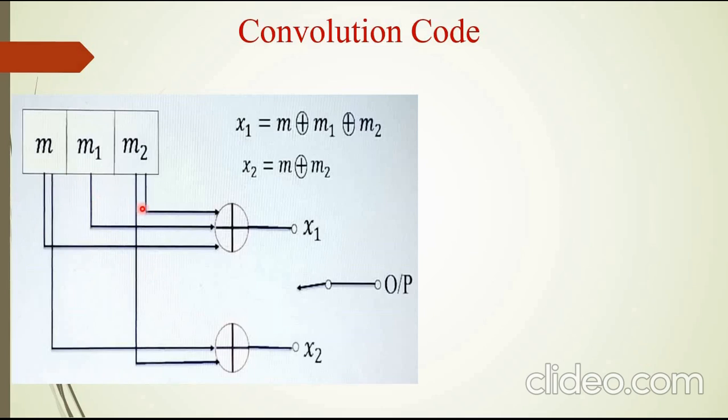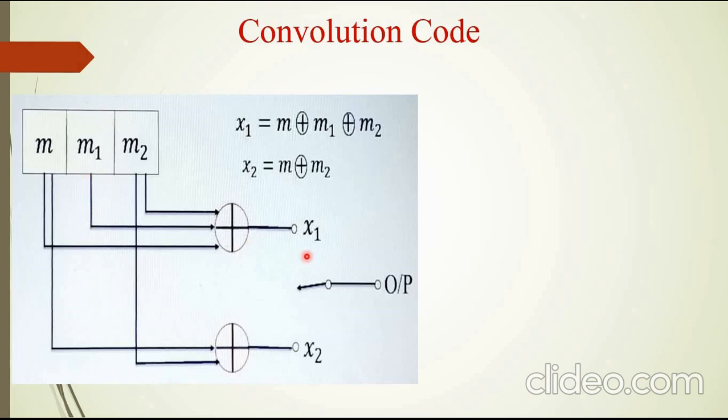So there is a shift register, and this is a 3-block shift register, one can see. The first bit represents the current bit, and the next 2 bits represent the states of the convolution code. So it is a defined state here.